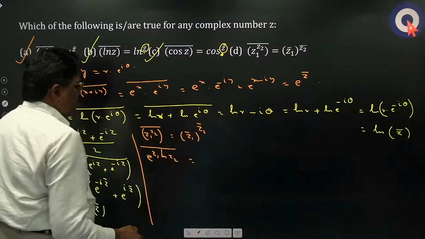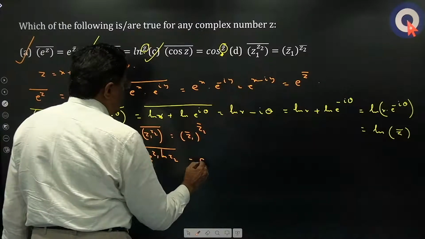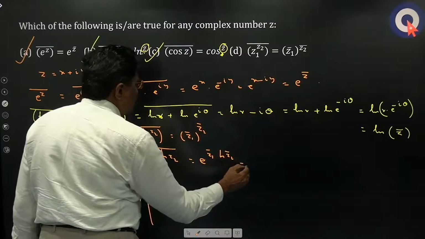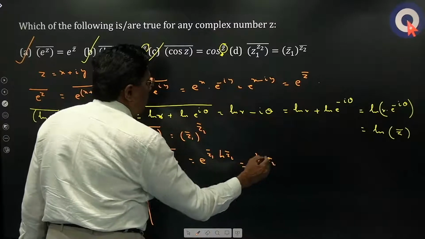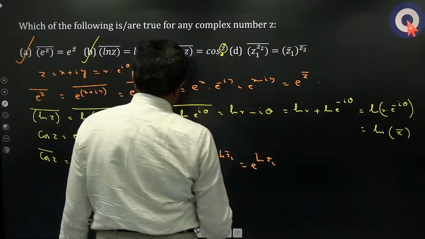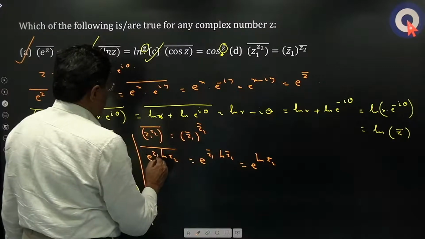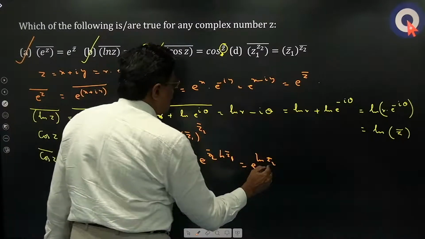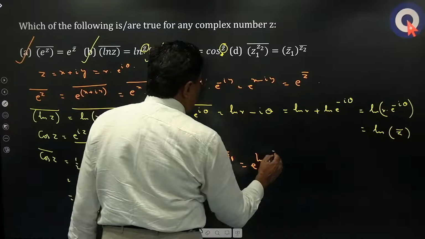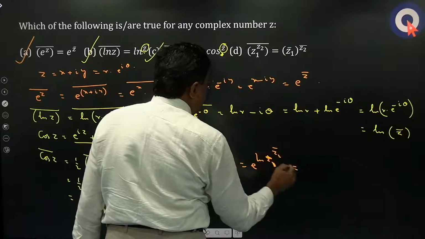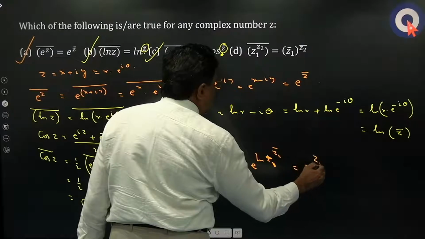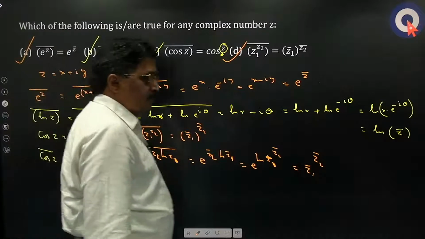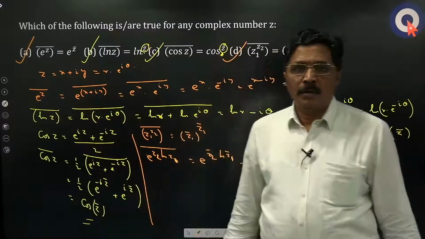The conjugate of this is e power z2 bar log z1 bar. So this is e power log z1 bar to the power z2 bar. The power log something is that something. So this is z1 bar to the power z2 bar. So even this is correct. Therefore all the four statements are correct.